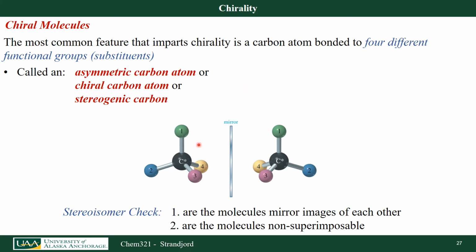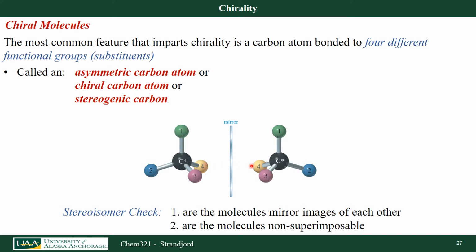If I look at this molecule on the left and I look at its mirror image, if I were to slide this molecule over into this one, notice that they are not superimposable. If I slide the 1 over to the 1, that's fine. If I slide the 3 over to 3, that's fine.